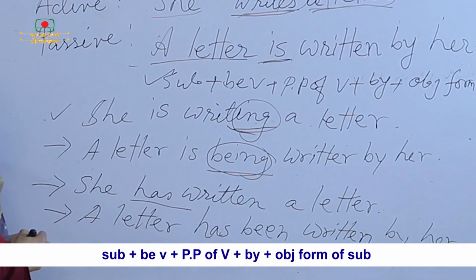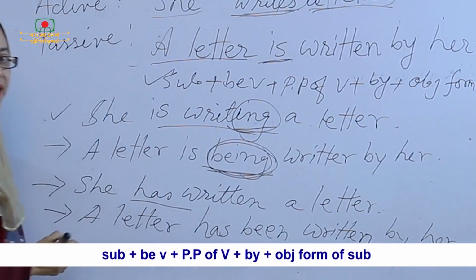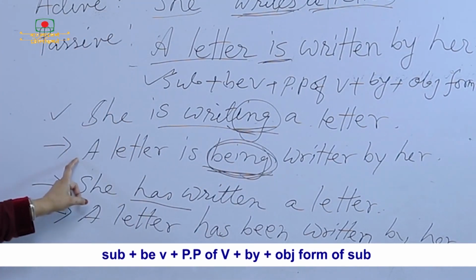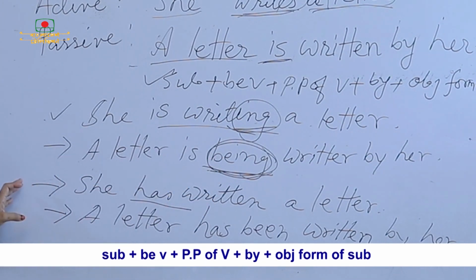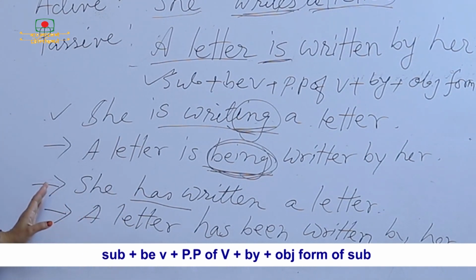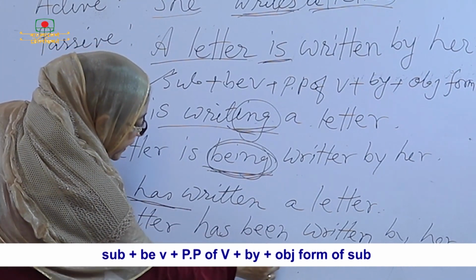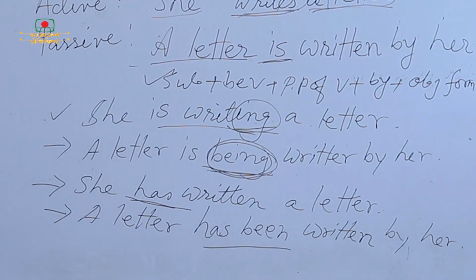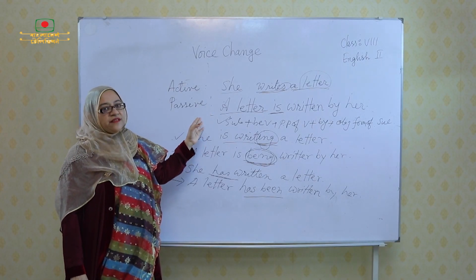So when it is a continuous form, I use "being", B-E-I-N-G, being. A letter is being written by her. And for a perfect form, when I turn it into passive, I use: a letter has been written by her.